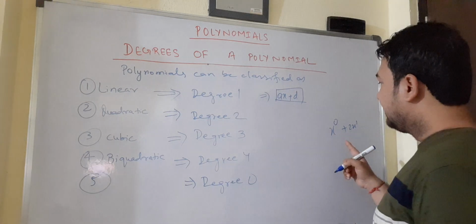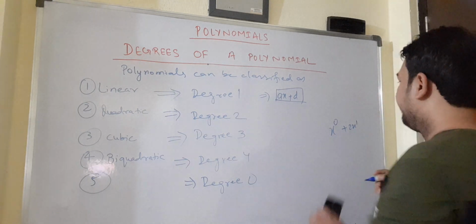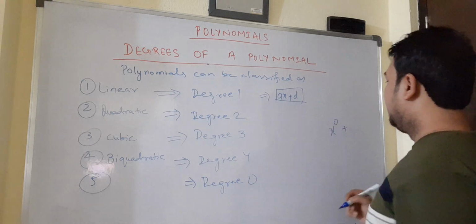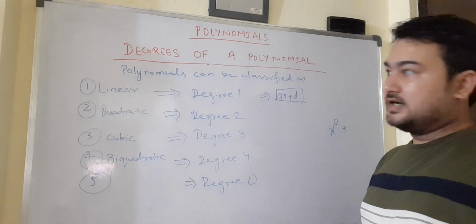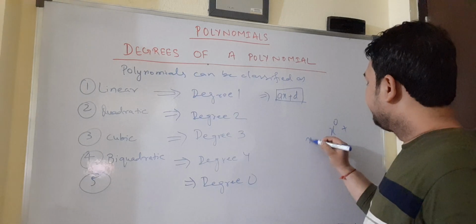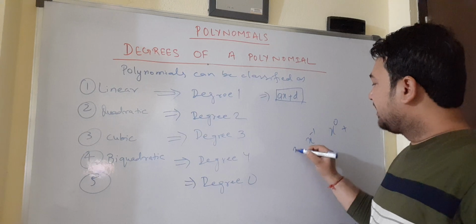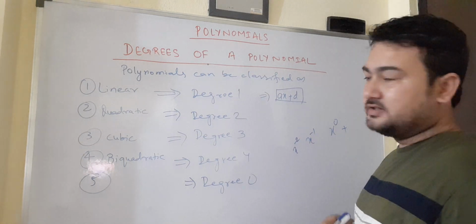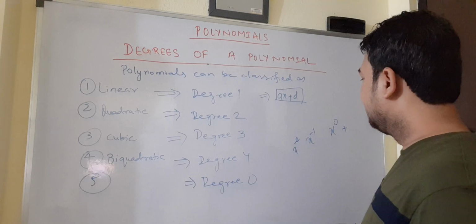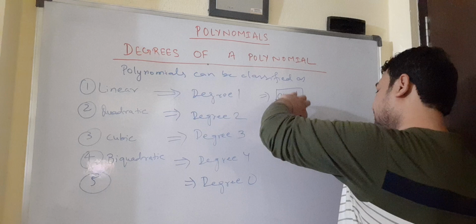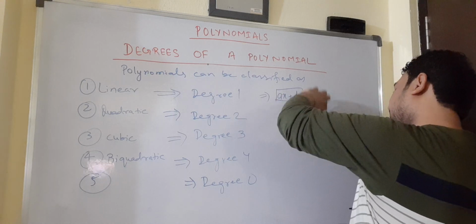But I am talking about the highest power of x being 0. So x has a power either equal to 0 or less than 0. Now if the power of x is less than 0, that means x to the power minus 1, x to the power minus 2. But negative integers as a power cannot form a polynomial. So it is a waste of talking about them.